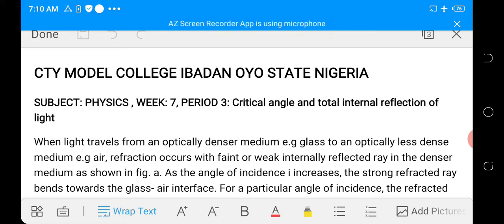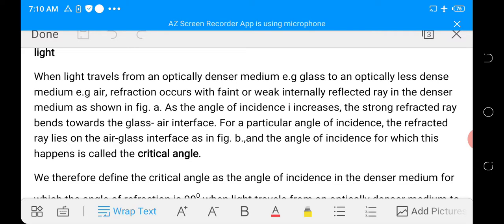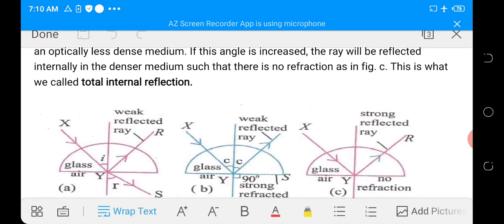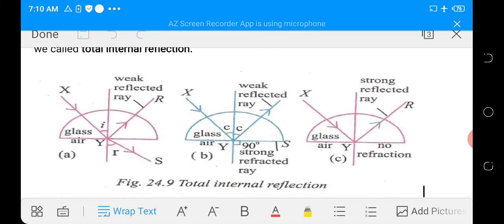To have a clear understanding of this topic, first of all, let's go to the diagram below and analyze what we see on the diagram. The figures A, B, C represent a light ray traveling from glass to air.